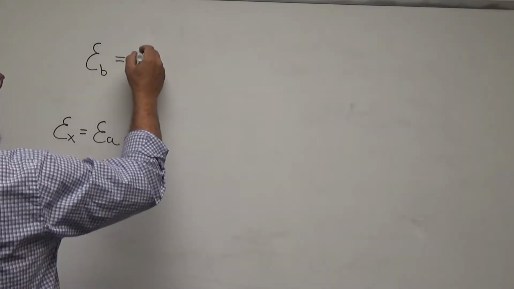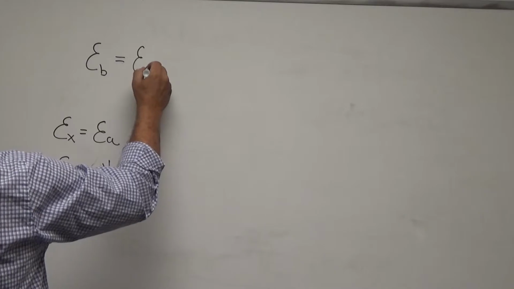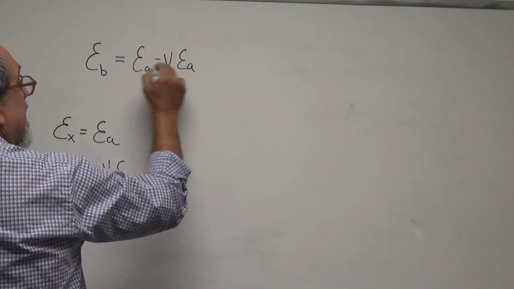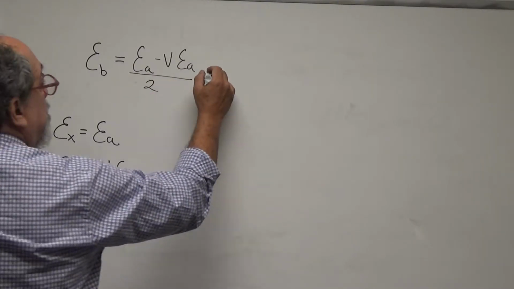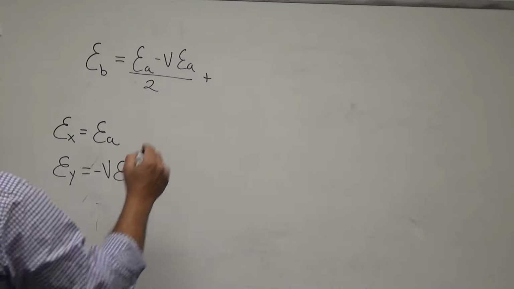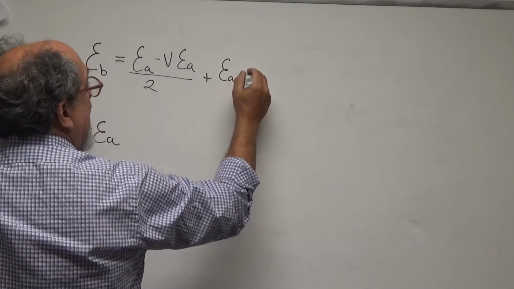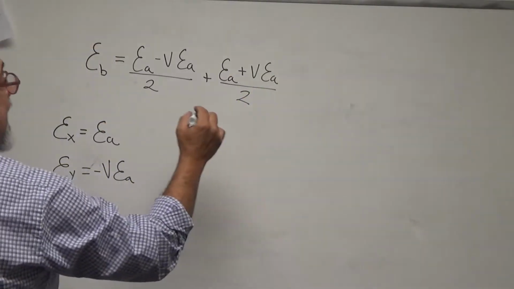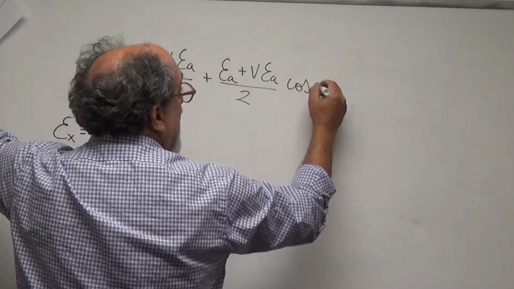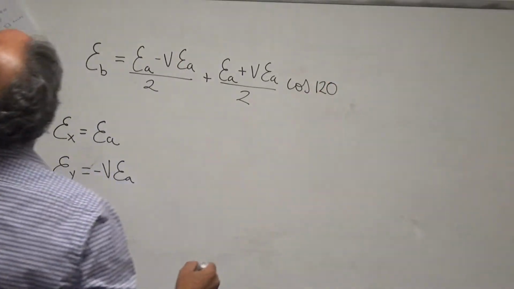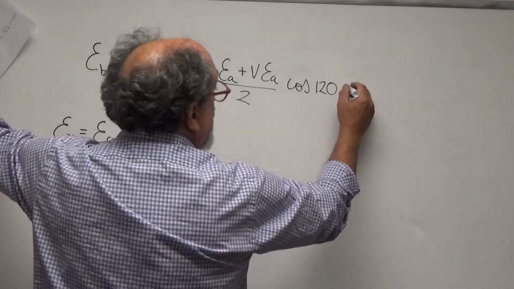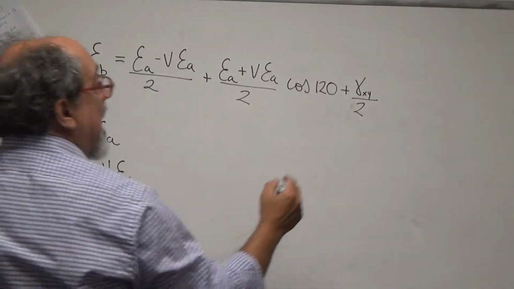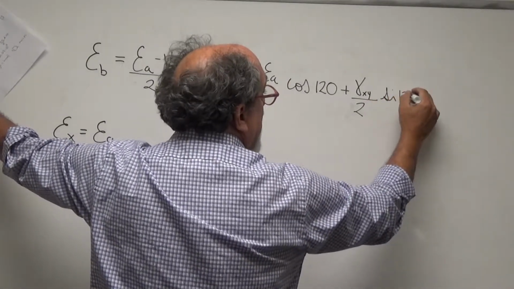And so the formula was epsilon x, which is epsilon A, plus epsilon y, which is minus nu epsilon A, divided by 2, plus epsilon x minus epsilon y, that is epsilon A plus nu epsilon A divided by 2 times the cosine of 2 theta, which in this case would be 120, plus the shear strain gamma xy divided by 2 times the sine of 2 theta, so this is the sine of 120.